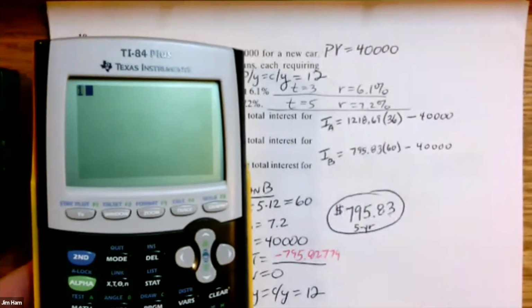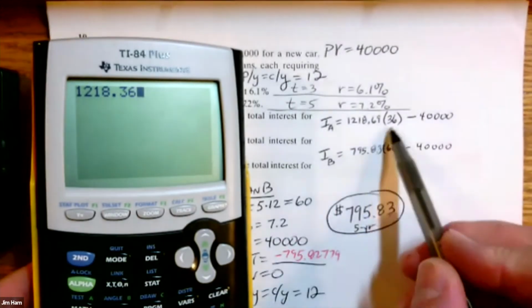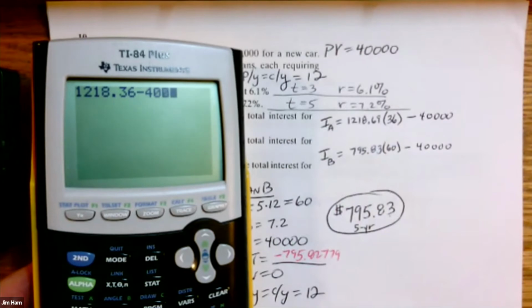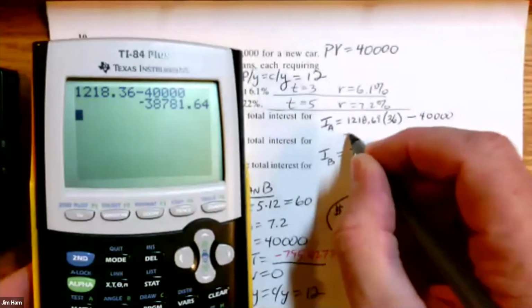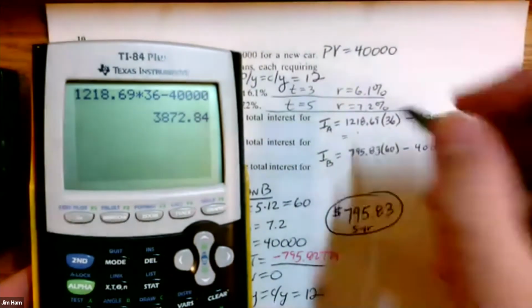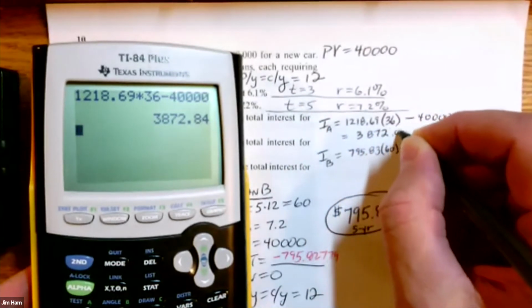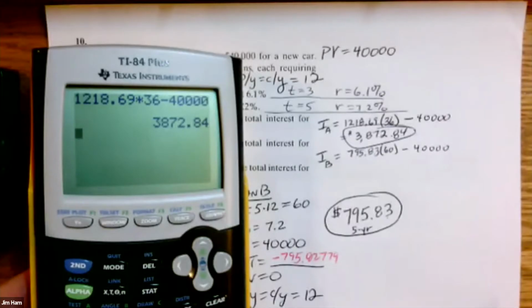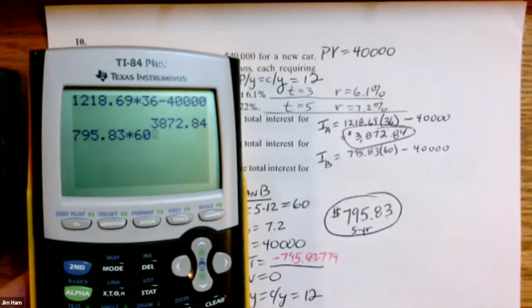Type that in, 1218.36 times 36 minus 40,000. So the interest on the first loan, let's try that again, is $3,872.84. Okay, so here's the sad news on that second loan. $795.83. We make that payment 60 times.